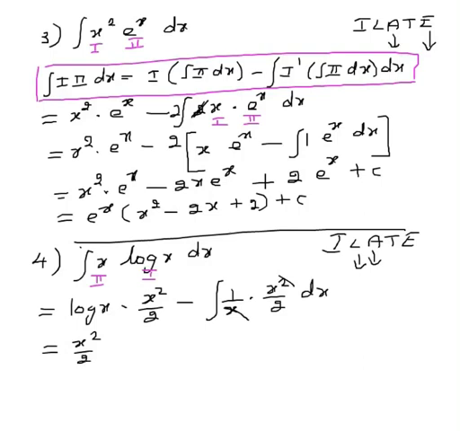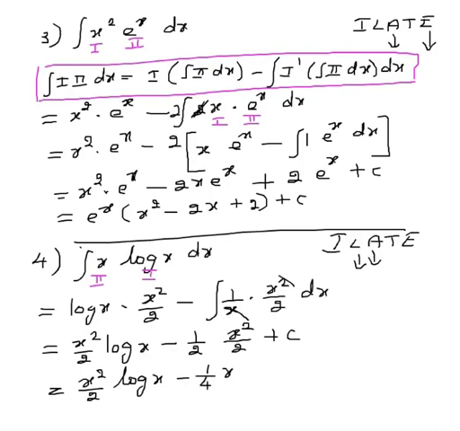X square divided by 2 log x. Half is a constant. Take it out and integrate x. Integral of x is x square divided by 2. Therefore, the answer is x square divided by 2 log x minus 1 by 4 x square and plus c.